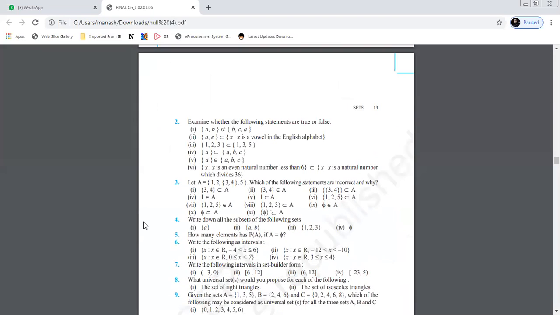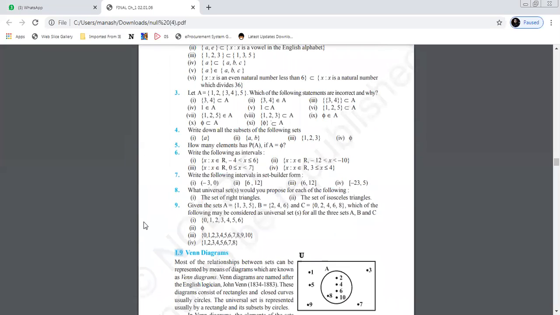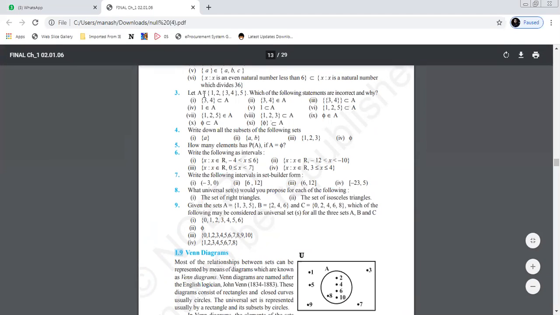Now come to question number 3. It is very important. Okay, all of you listen carefully. Very important one. So here a set is given.